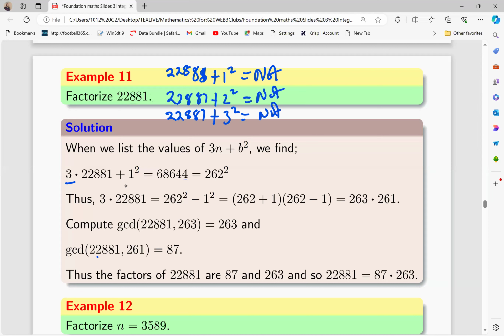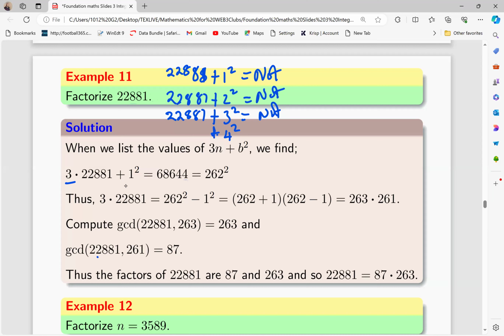What about plus 4? Again, it's not a perfect square. What about plus 5 square? Again, it's not. I'm just using my calculator. What about plus 6 square? It's not a perfect square.